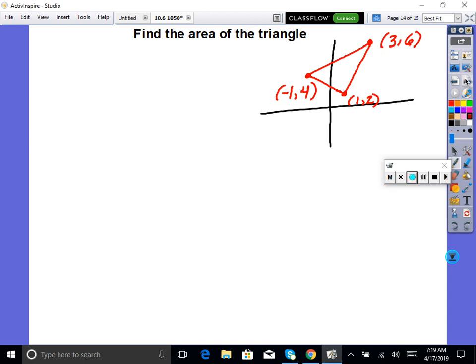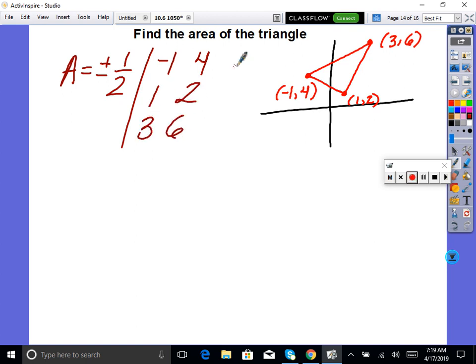Okay, so let's find this area here. So you'd say, okay, area is equal to plus and minus 1/2 times by, we're going to put in our first point, negative 1, 4, second point, 1, 2, third point, 3, 6, and then z is always 1. So to find this determinant now, it's going to take us a second once again.